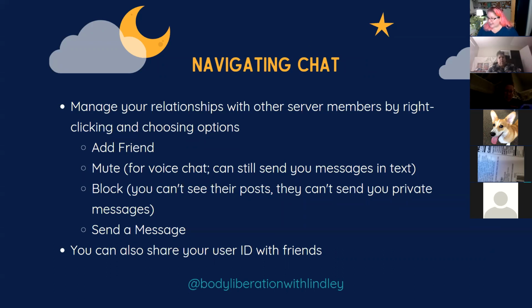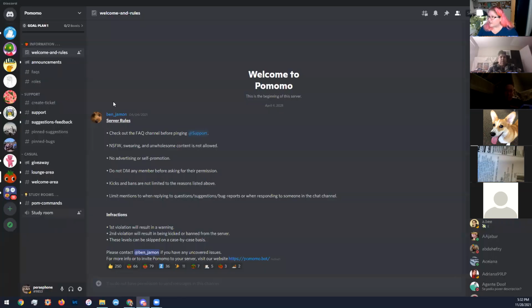I did not screenshot how to see your friends list, so I'm just going to show you right quick. However, I'm not actually going to click into my own friends list because that's more personal information that I do not have permission to share. So I'm just going to show you where to do it.